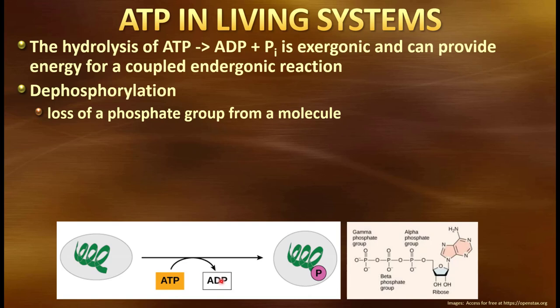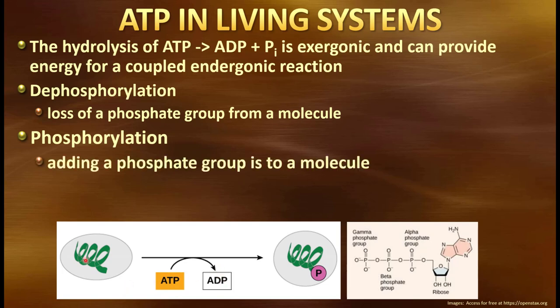That was a dephosphorylation reaction. At the same time that we did that, we ran a phosphorylation reaction. We coupled it. What we phosphorylated was this molecule here. So we took this molecule, we added the phosphate to it over here, so that reaction was a phosphorylation reaction. So typically we're going to phosphorylate and dephosphorylate in these coupled reactions.